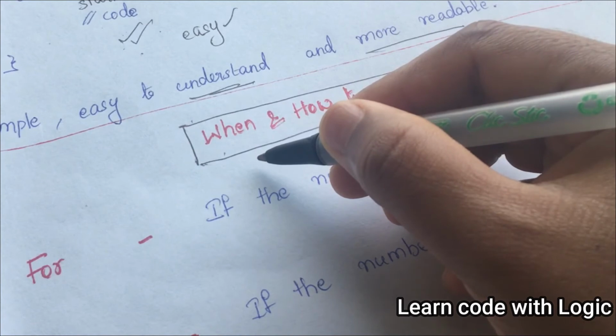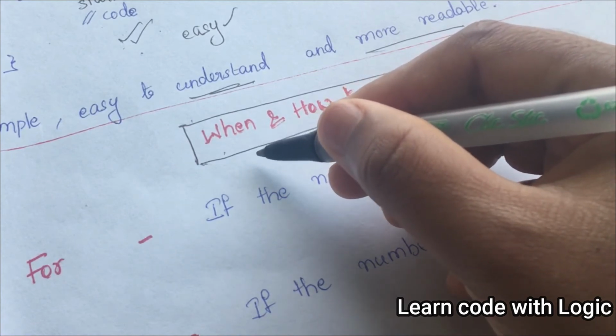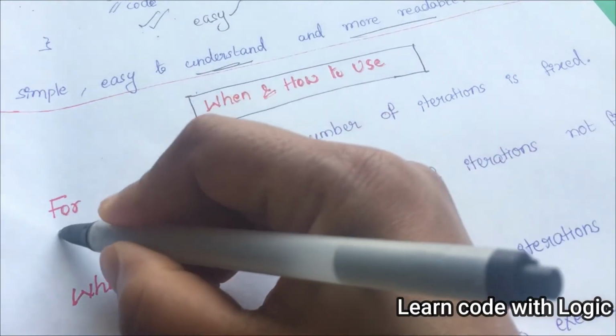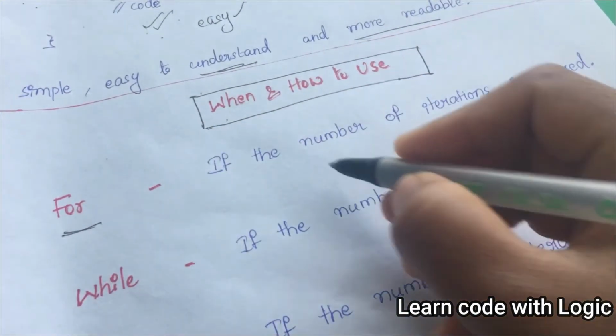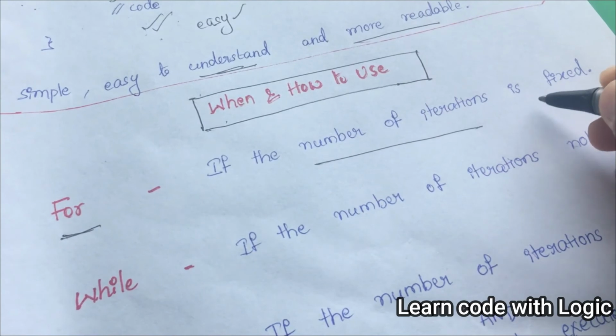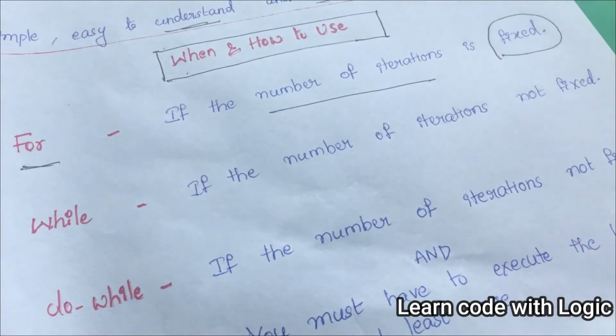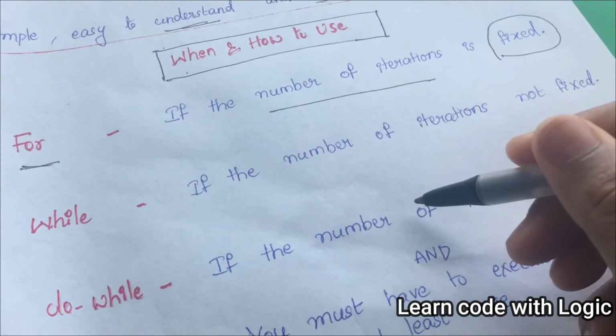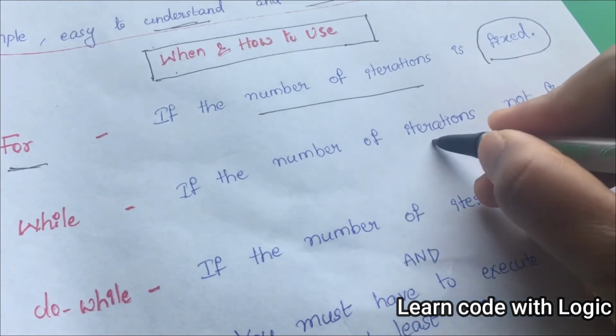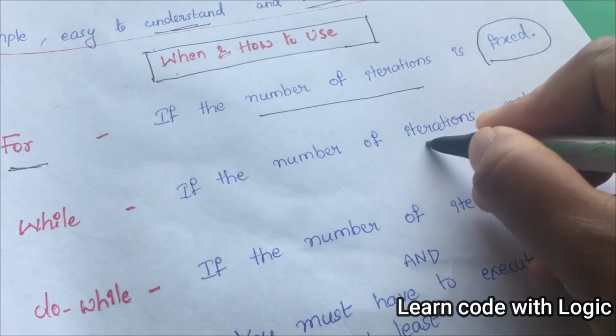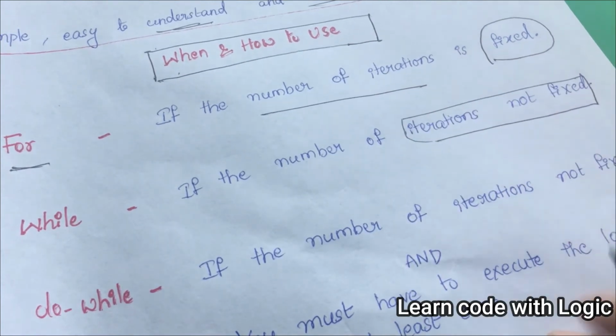The next important thing to understand is when to use the for loop, while loop or do while loop. For is used if the number of iterations is fixed. If you don't know how many iterations we need to do, in that case it's preferable to use the while loop.